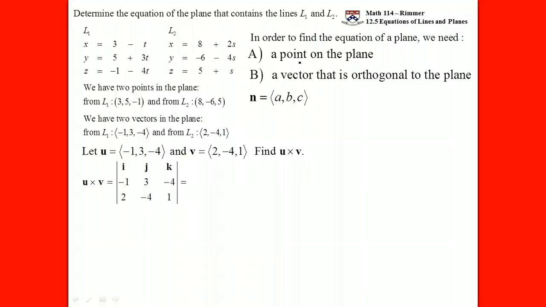What's the I component of this vector? 3 minus 16. So it's going to be a 3 minus a 16. So it's going to be a 13. The j component of this vector, crossing out j's row and column, you'll have -1 minus a -8.